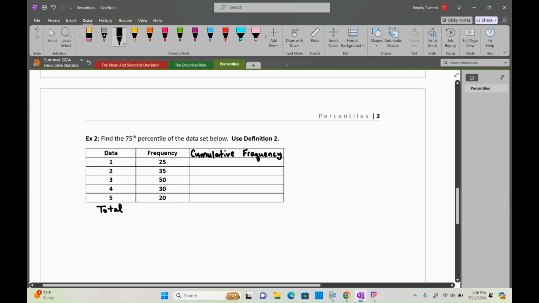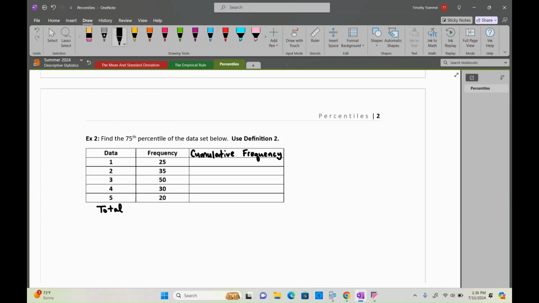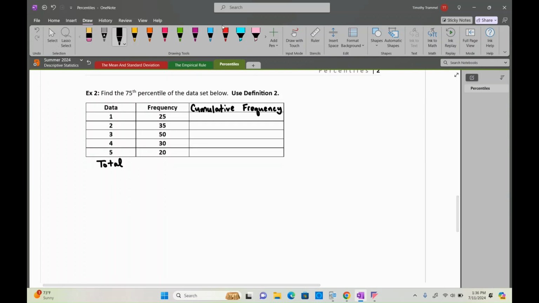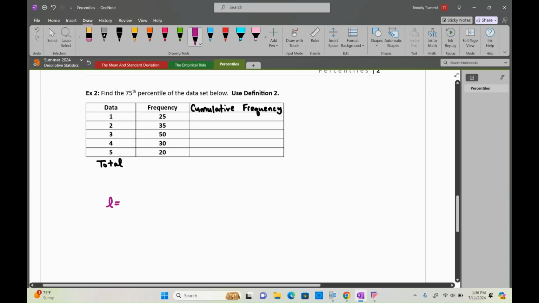All right, and so let's go ahead and do this. If we're looking for the 75th percentile using definition 2, we're going to use that same formula: L equals N times P over 100. N is how much data we have, how many observations we've made.